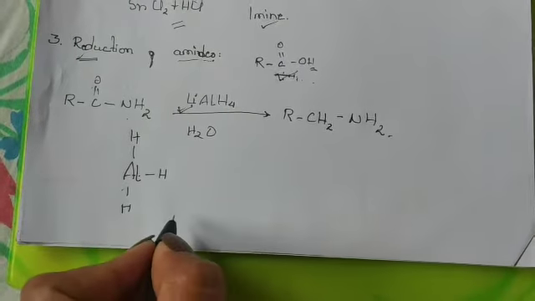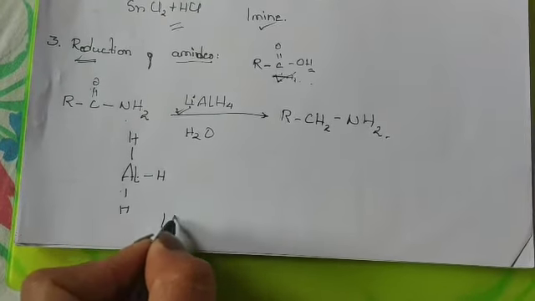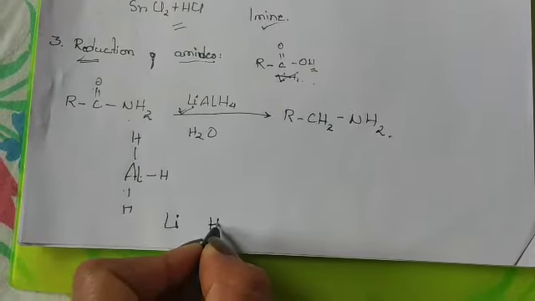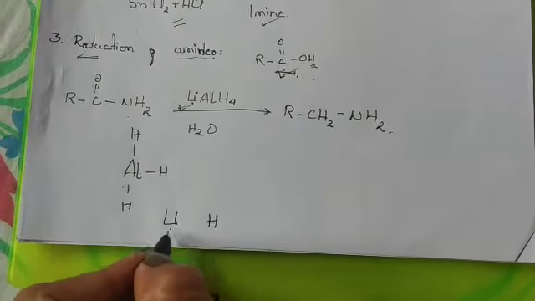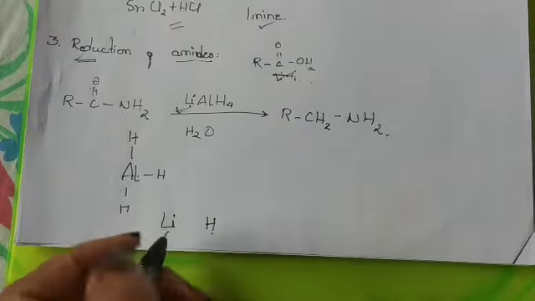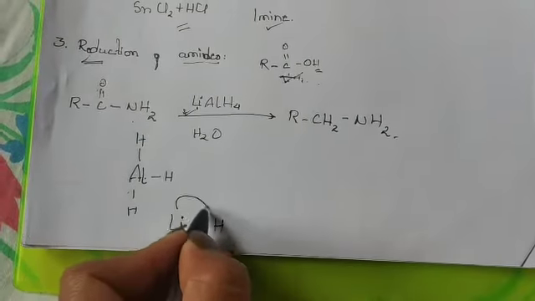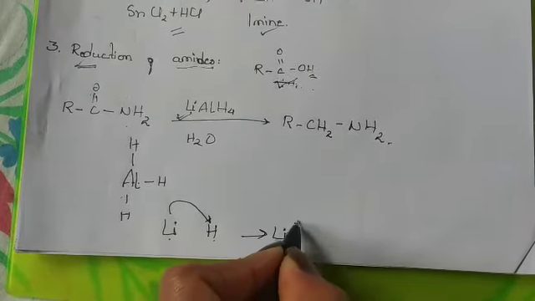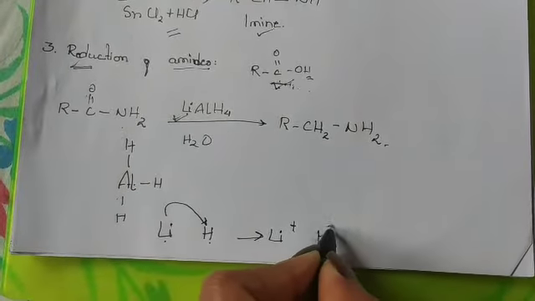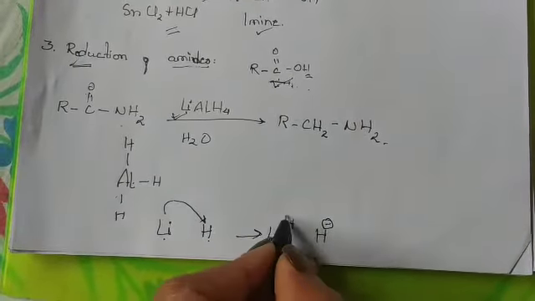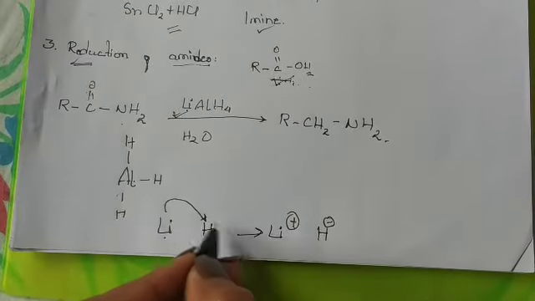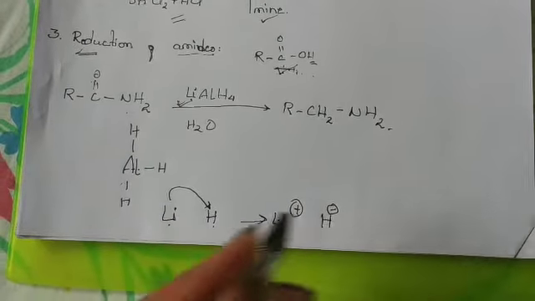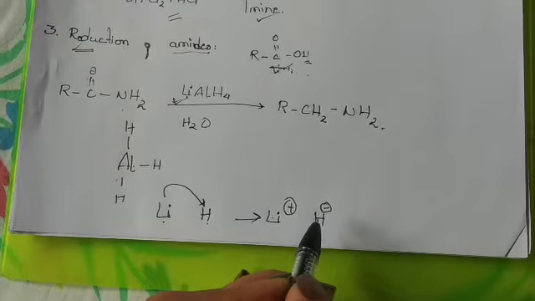Now we have here our lithium and hydrogen. Lithium is a donor and hydrogen is an acceptor. Therefore, lithium donates its electron to hydrogen. Therefore, lithium becomes positive and hydrogen, with an excess of electrons, becomes negative.